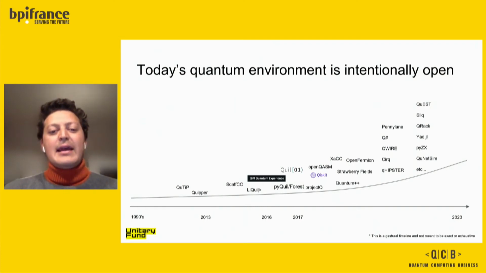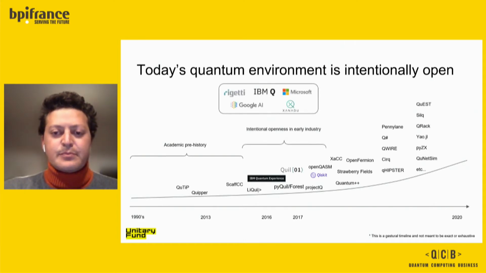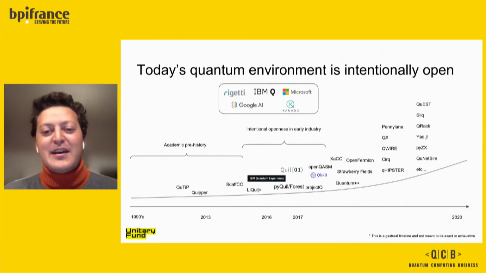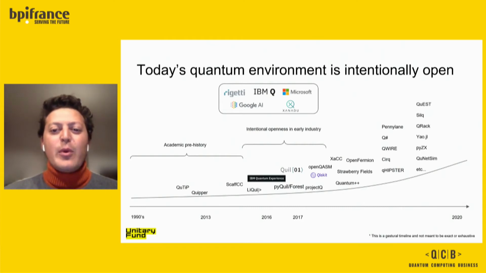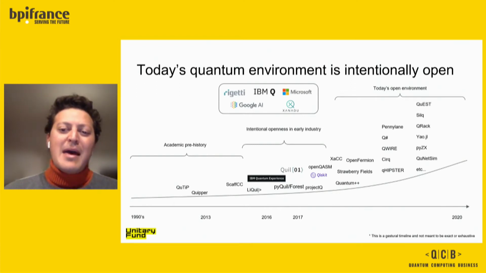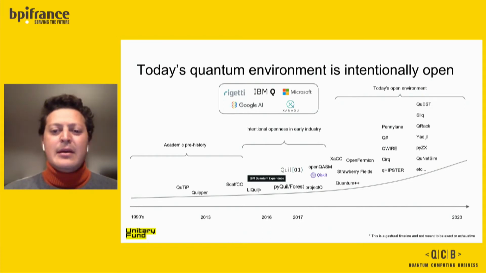There was an intentional openness in the early quantum industry, thanks to the commitment of several industry players. And now we have what we like to refer to at Unitary Fund as a quantum jungle: a really open environment with an ecosystem of company-backed, academia-embedded, or startup-based open source software projects.